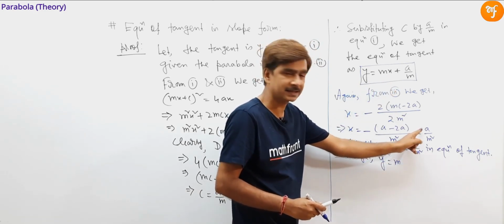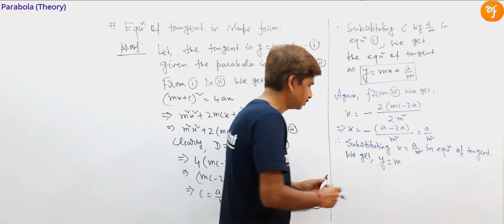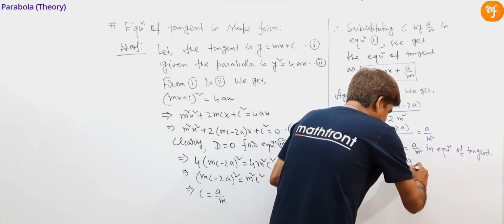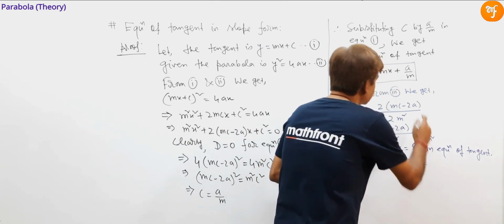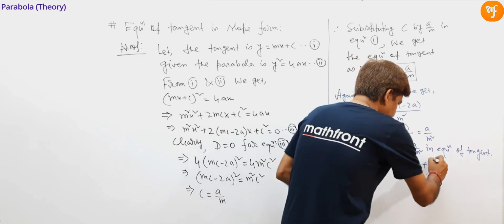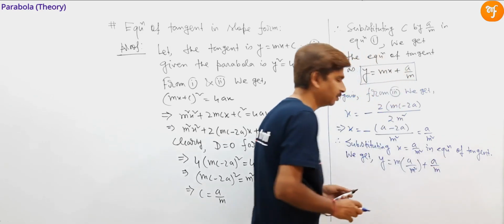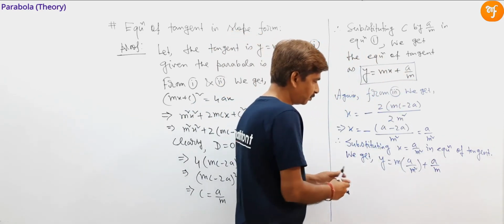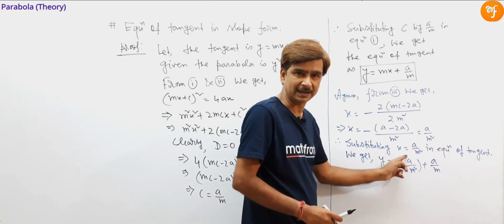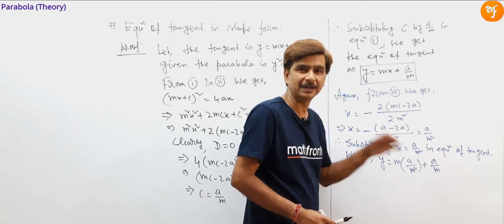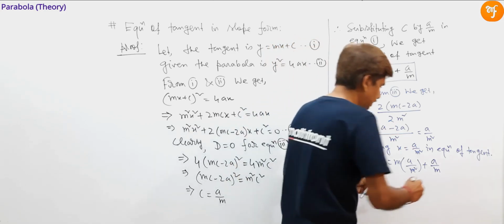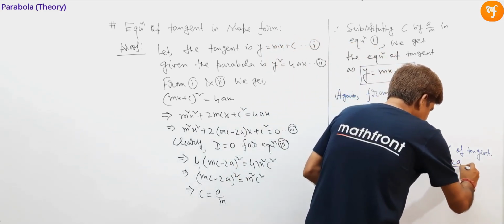And what is x? x is equal to a by m square. So writing m into a by m square plus a by m. So what is the value of y? Clearly the value of y will be am by m square, that is a by m, plus a by m, that is equal to 2a by m. So we are writing this as 2a by m.